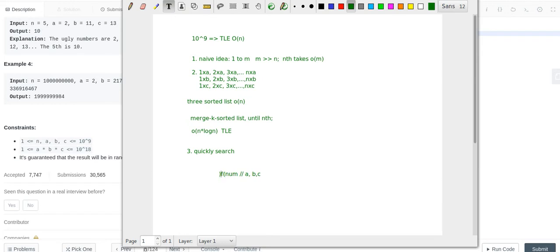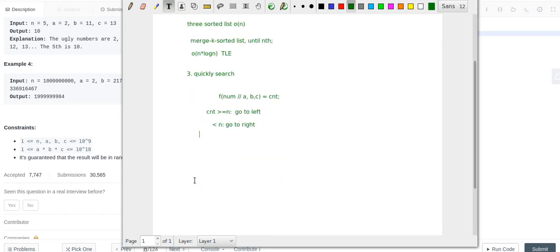If we call a function count, and the count is bigger than n, that means we have to go to the left to search again. If it's smaller, we should go to the right interval. This reminds me of binary search.